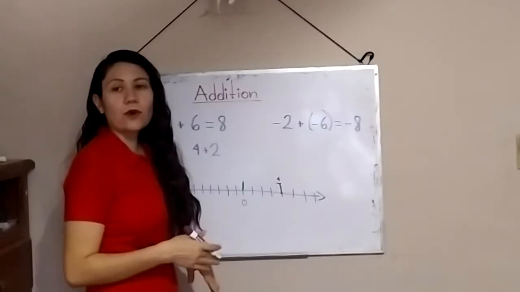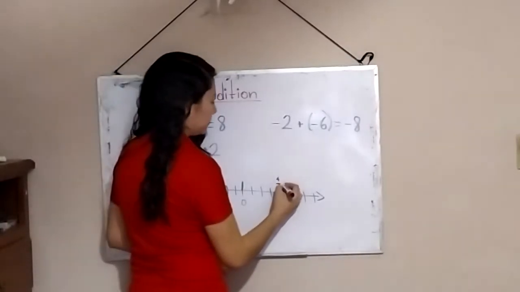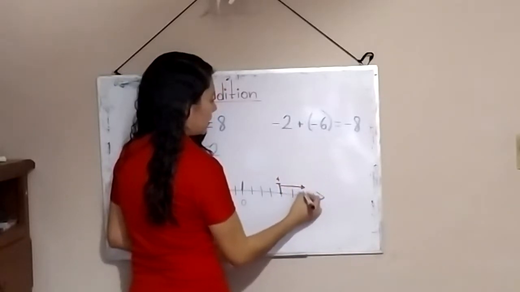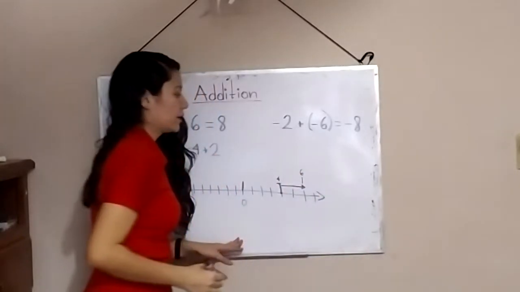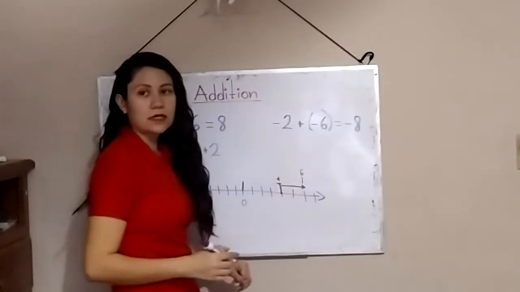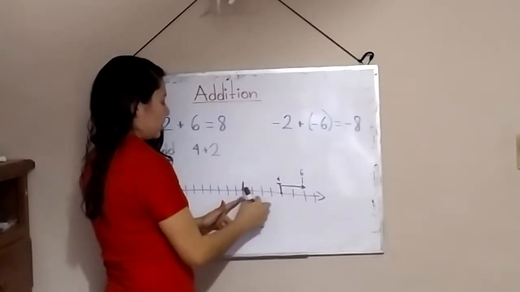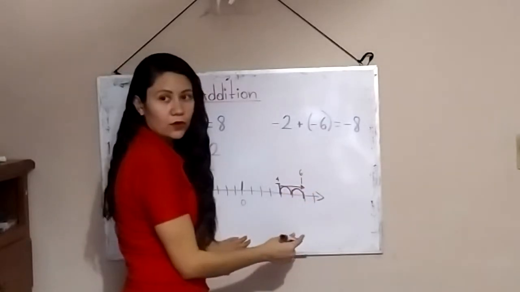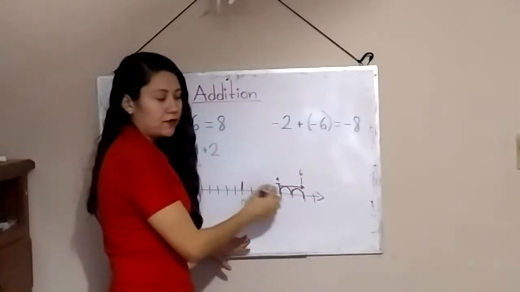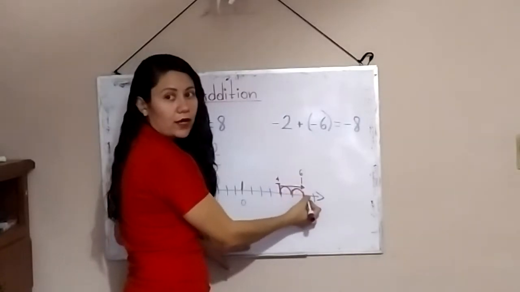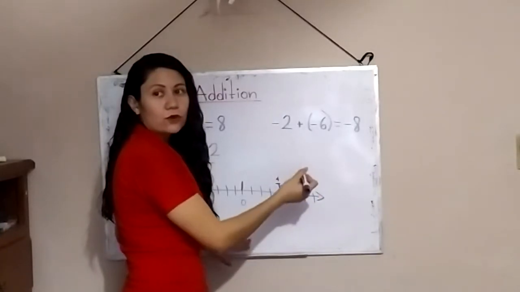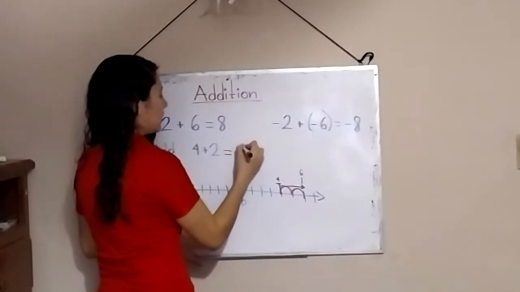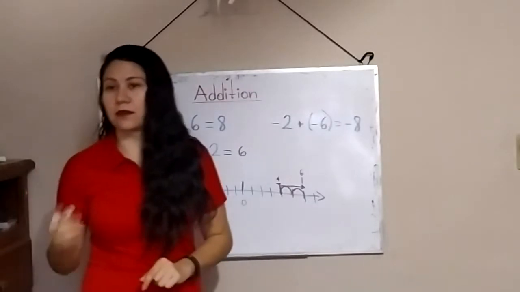And then we are going to add another 2. 1, 2. Here we are in 6. Our first number was 4, and then we added 2. Since the 2 is also positive, we are going to move to the right, and we get all the way to positive 6. So our result is positive 6.